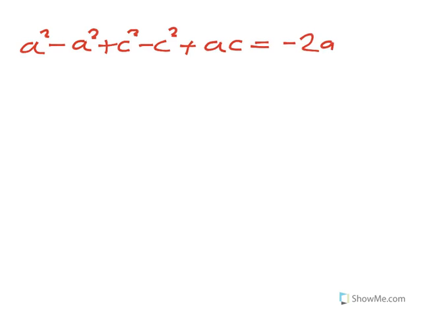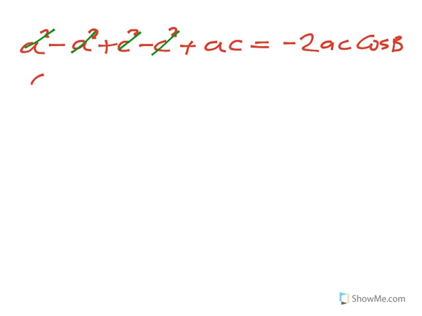So when you collect the like terms, you're going to have a squared minus a squared plus c squared minus c squared plus ac is equal to minus 2ac cos B. Then these will be cancelling each other.